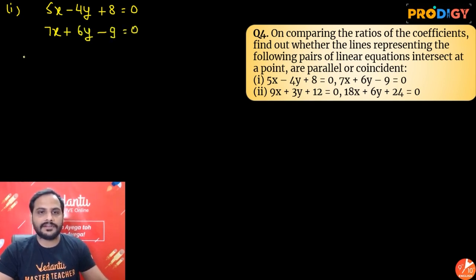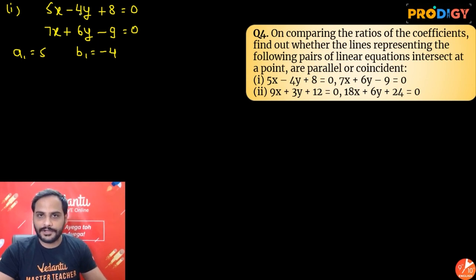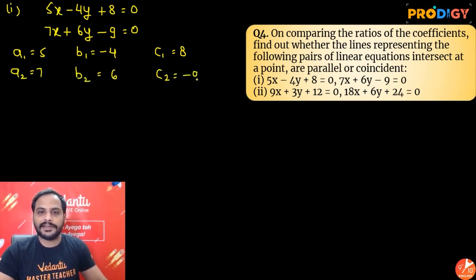So in the first equation a1 is equal to 5, b1 is equal to minus 4. Remember, negative is also considered in the coefficient, and c1 is equal to 8. And a2 is equal to 7, b2 is equal to 6, and c2 is equal to minus 9.